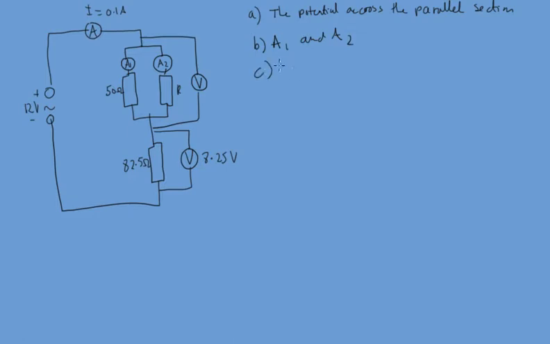We want to find the resistance R. I'll put a wee question mark here, don't know which one it is. R question mark. We also want to find the total power. So that's all the pieces of information we want.